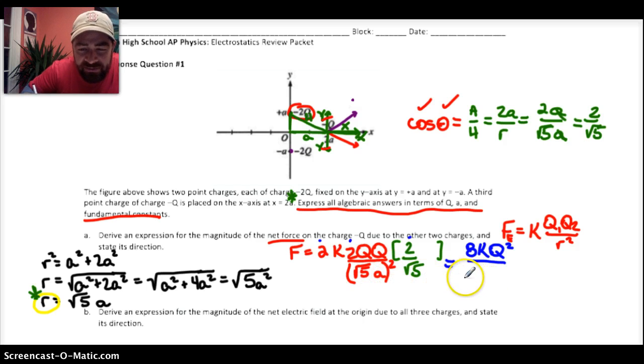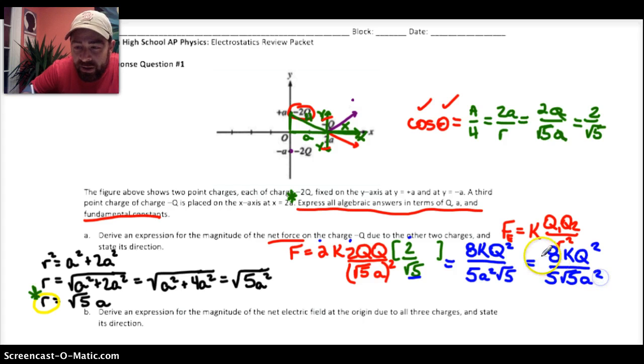So that's going to give me 5a squared, and I can't forget that root 5, which stays down here in the denominator. And so, however you want to write that, let's go ahead and finish it as 8 times k q squared over 5 root 5 a squared. And so that becomes an expression for the net force acting on that charge q.